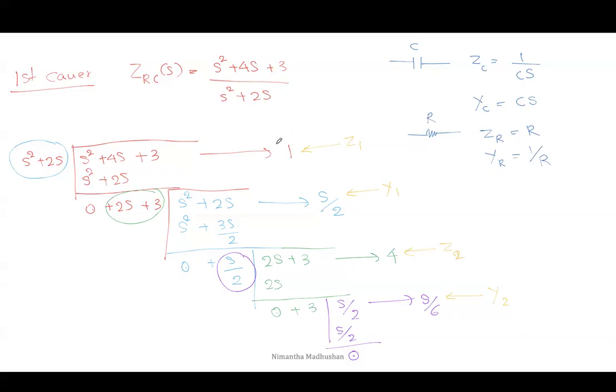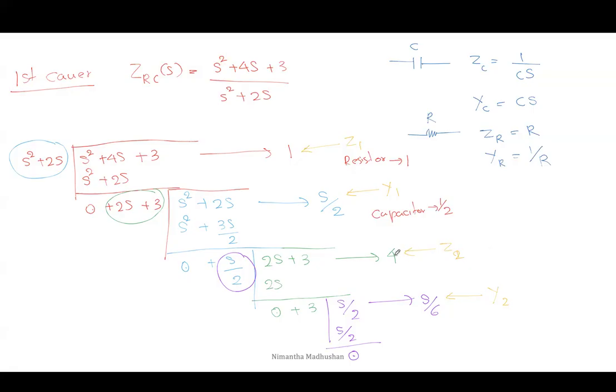Z1 is equal to a resistor. It is a resistor. And considering Y1, it is equal to a capacitor. It is a capacitor. The value is 1 over 2. For this one, the value is 1.